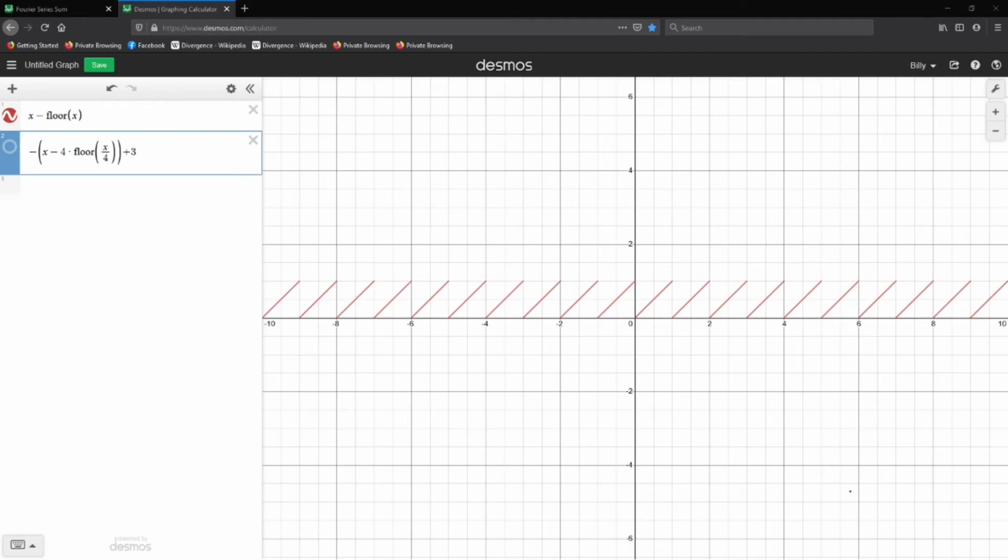So I plotted out the sawtooth function, and now I'll also plot out this function right here. So we're looking for the Fourier series expansion of this function right here, the blue function, which is a scaled, shifted version of the floor function itself, and this new function has period 4.